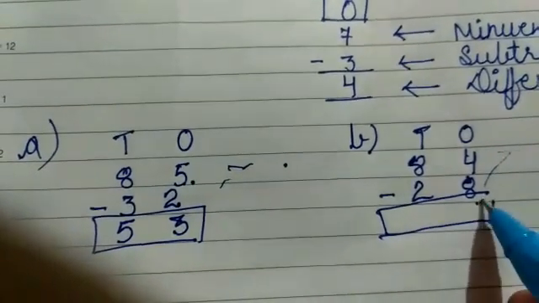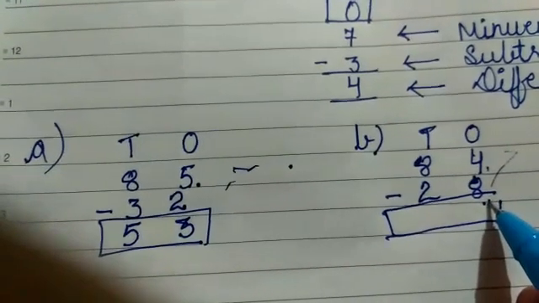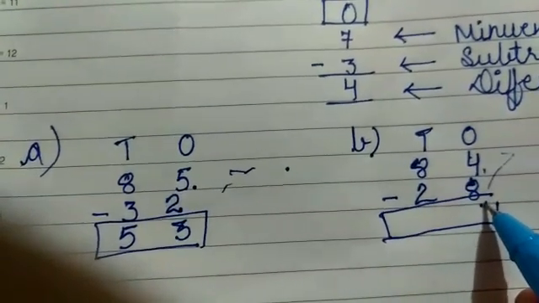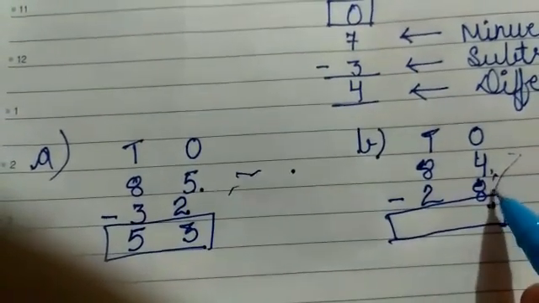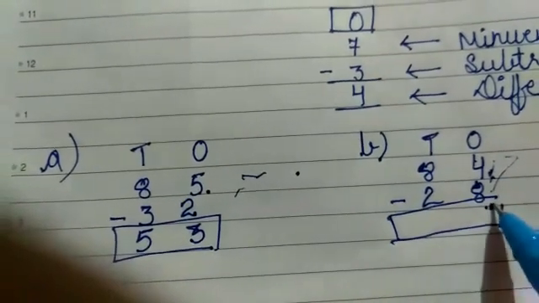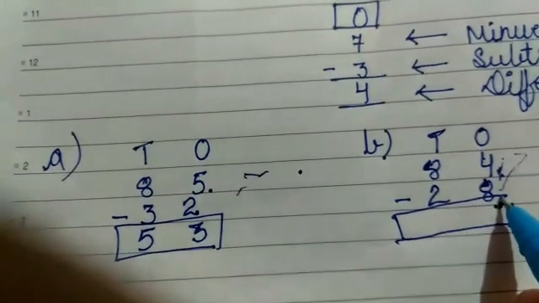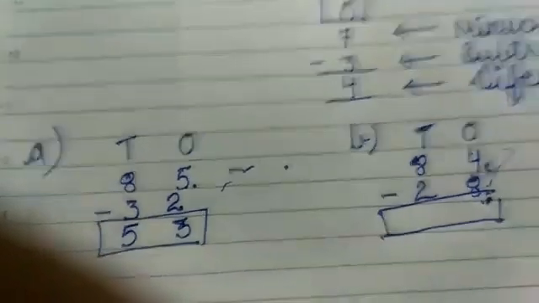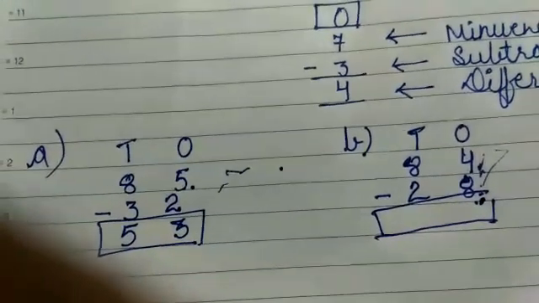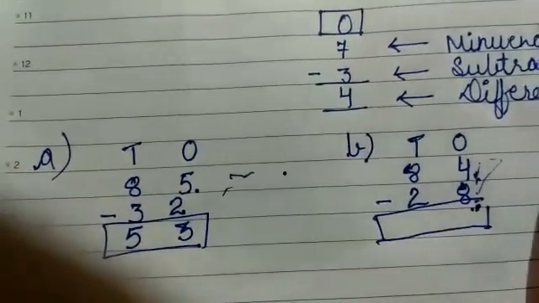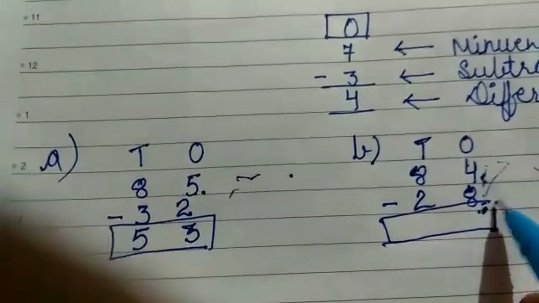Subtract this 8 minus 4. So what you have to do, children, here is 4 and here is 8. So what will the 8 do? 8 can't be subtracted from 4.